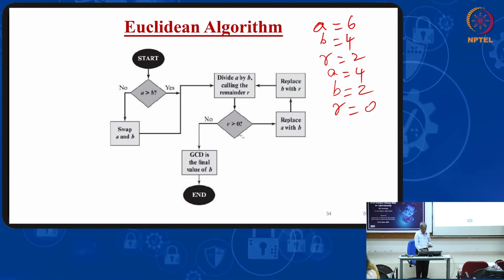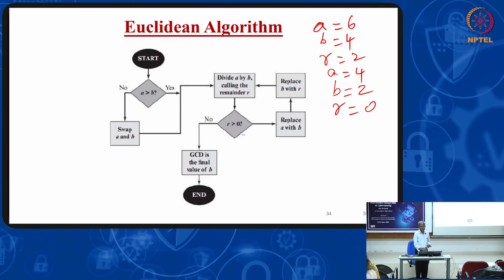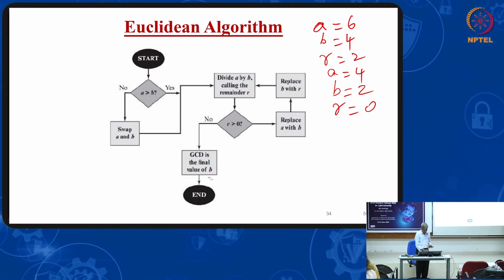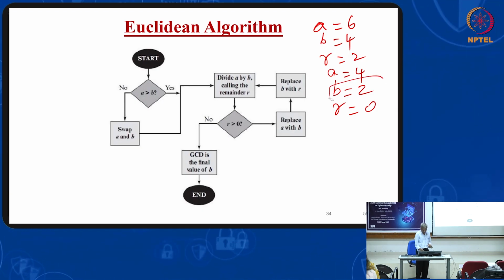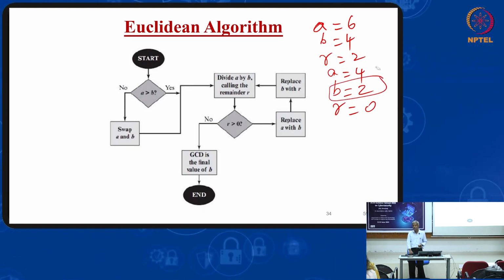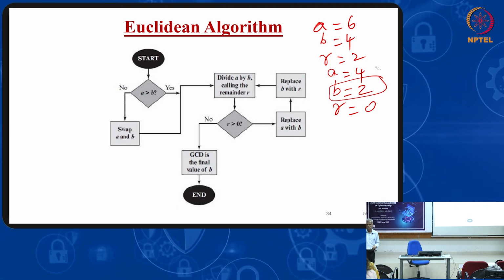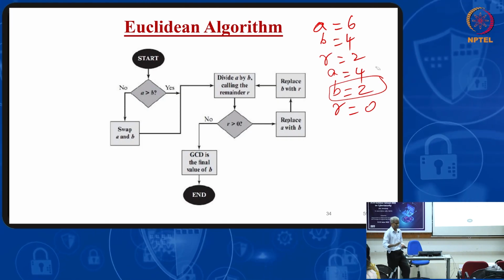Is R greater than 0? No. So now the greatest common divisor is the final value of B, that is 2. This way, you can find the greatest common divisor between two numbers using this Euclidean algorithm.